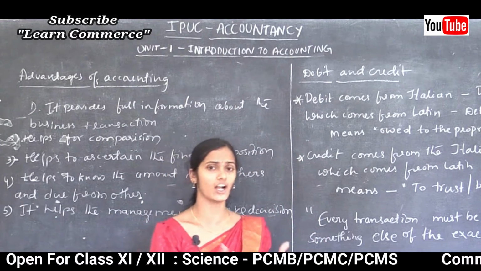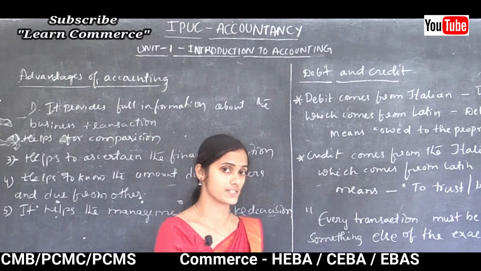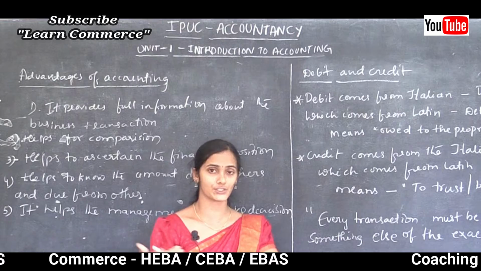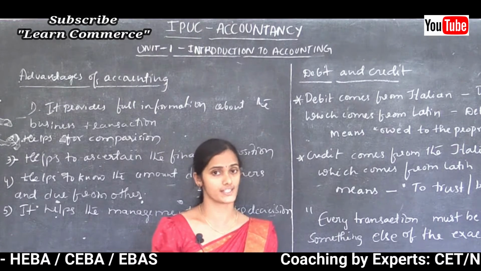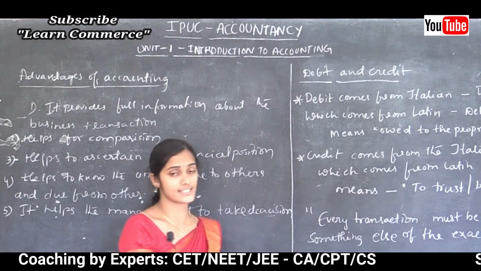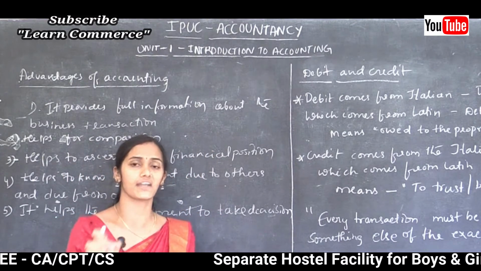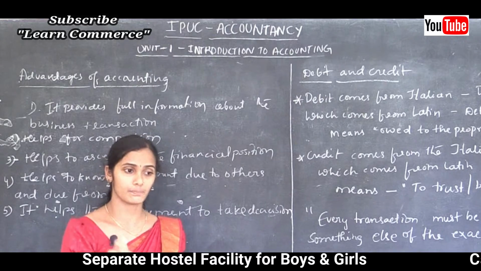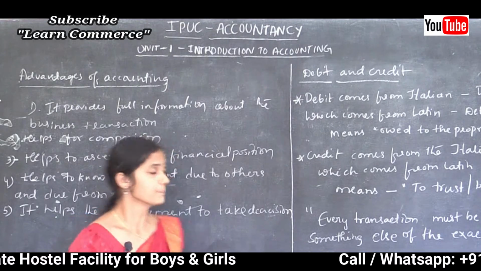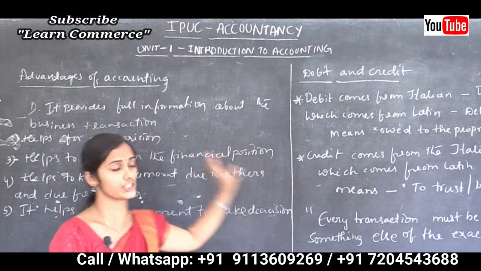By recording all the transactions which happened. All the transactions are recorded in the books of accounts in a scientific manner, that is, in a proper manner. Then the business entrepreneur can analyze each and every transaction correctly and properly, and then he can analyze his financial position.